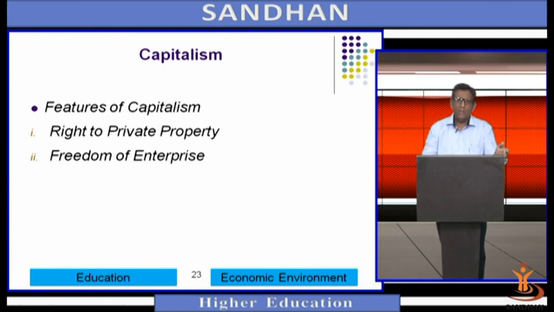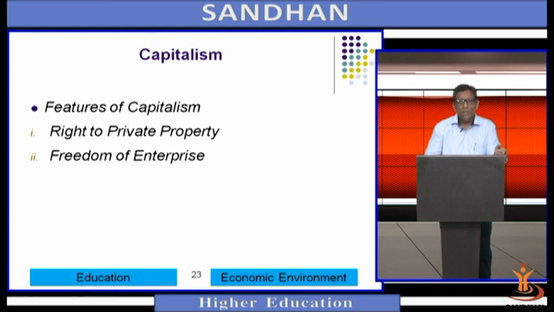There is freedom of enterprise; the entrepreneurs are free. We have some economic problems, some questions: what to produce, how to produce, and for whom to produce. These are the three economic problems for which we try to find answers, and in the capitalist system those answers are given by the market.